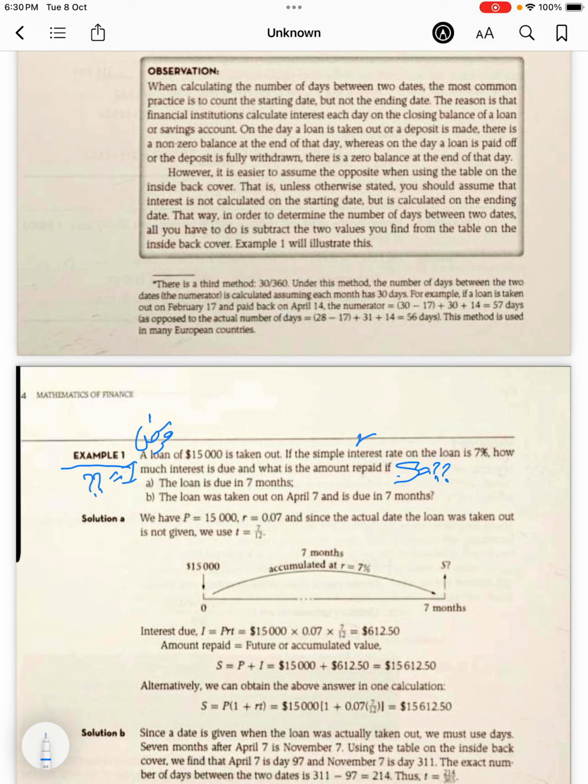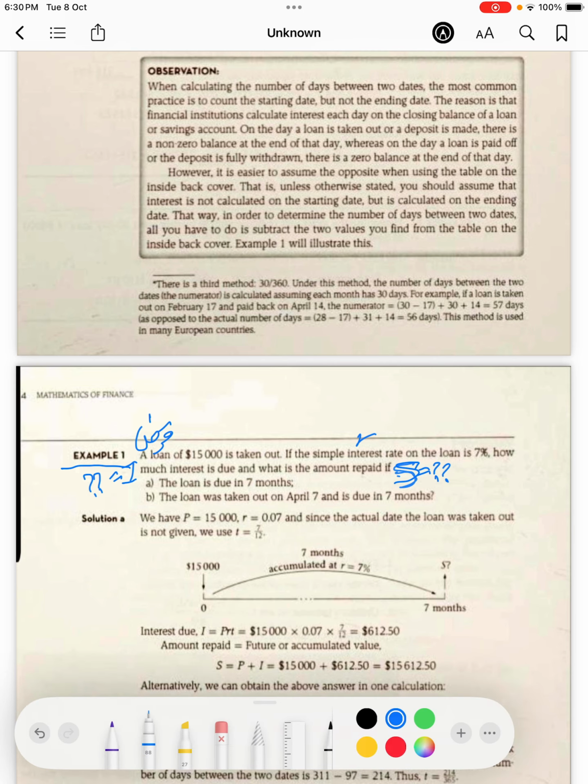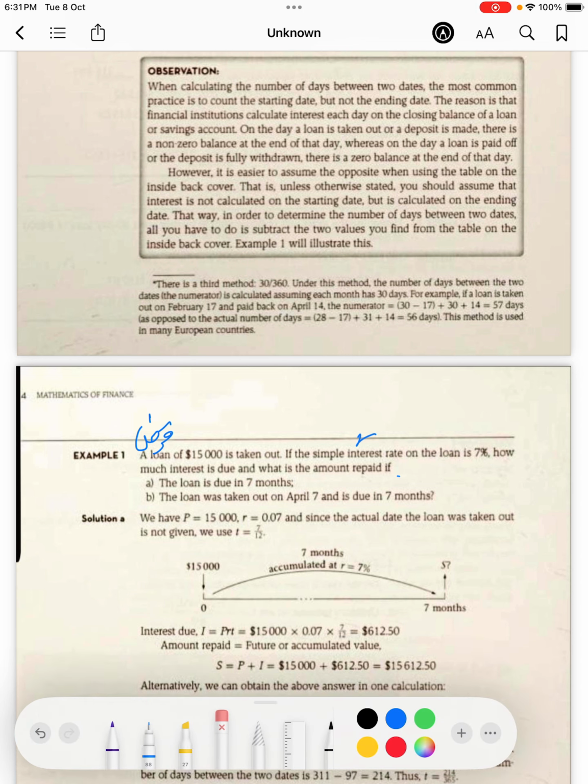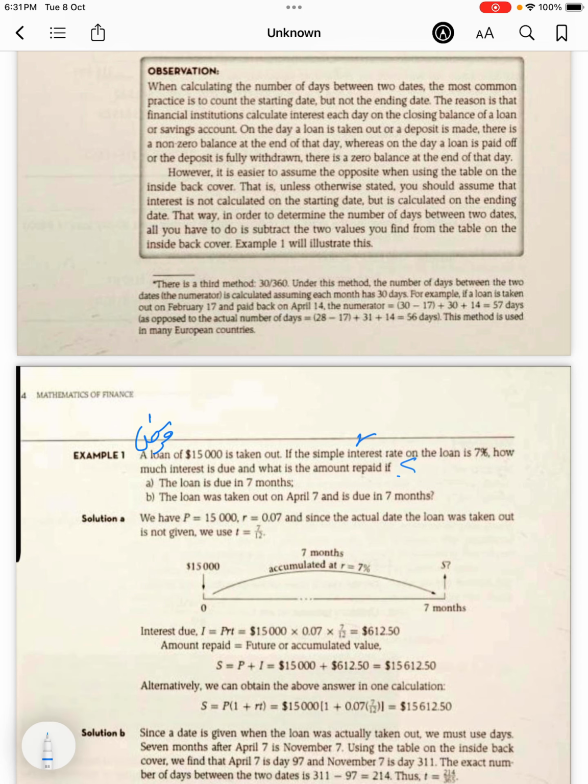The amount means S. And interest means I. The loan is due in 7 months.